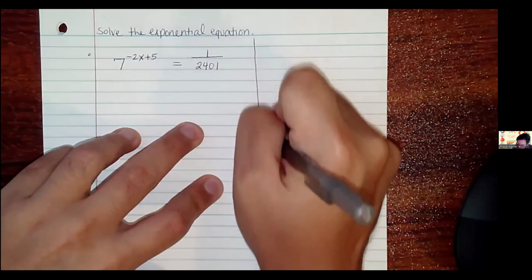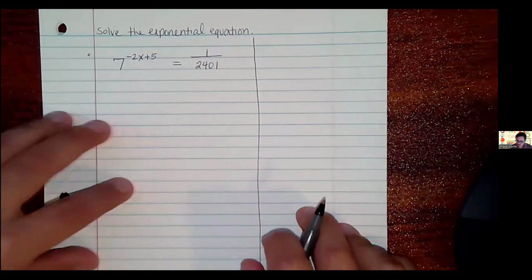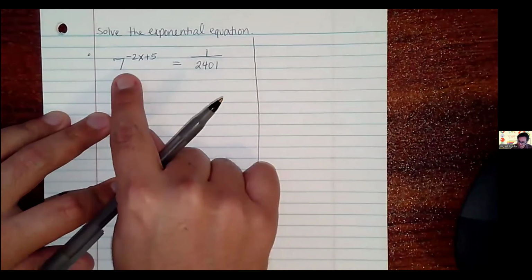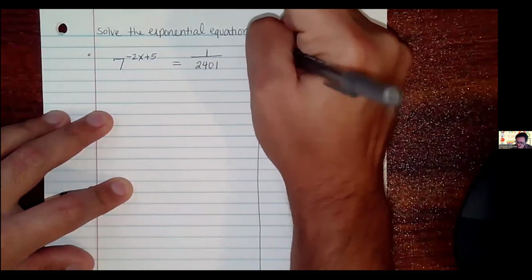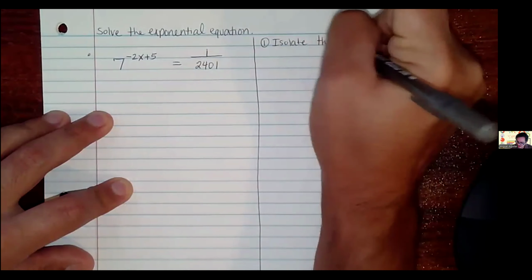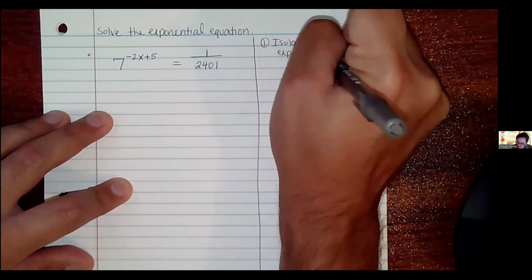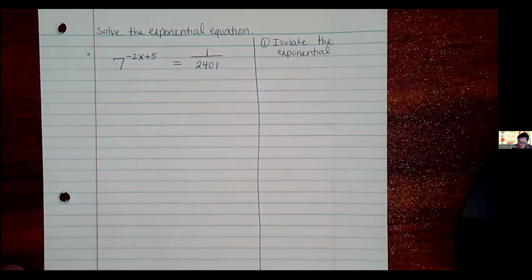I'm going to write all my notes over here in this side of the page. But remember that with these exponential equations, the first thing that we want to do is isolate the exponential term. So you should be able to tell me how many terms are in this equation.